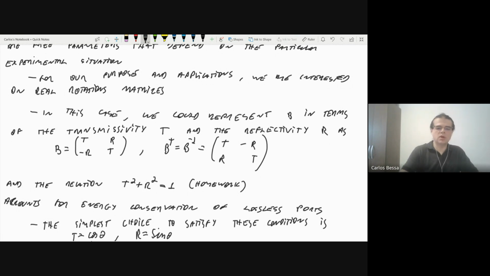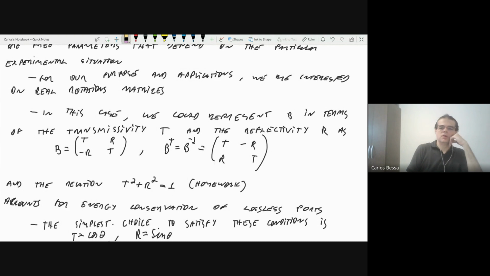Okay, we could as well put a phase here, a phase difference e to the i phi. And this phi would be a phase difference between the transmittive and reflective index. But we can consider this phi in multiples of pi, for instance. So this would be 1 in general. Okay, so if we put this exponential of i here, these things would be satisfied.